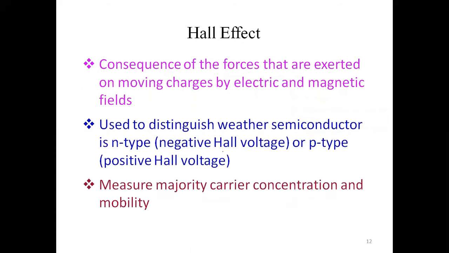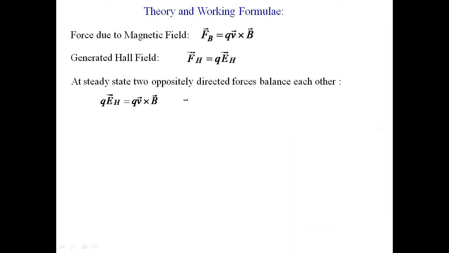Now we'll observe how we can use it to estimate the Hall coefficient. Basically, we'll understand what the Hall coefficient is and how it helps us check whether the material is a p-type or n-type semiconductor. So again, this is the force due to the magnetic field, Q V cross B, and if E_H is the Hall field, then the force due to this Hall field is Q E_H.